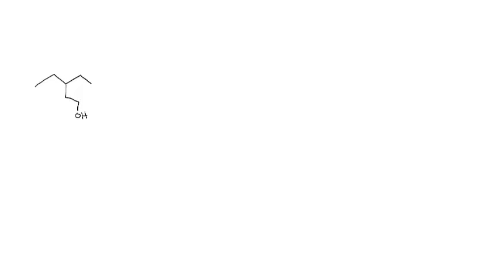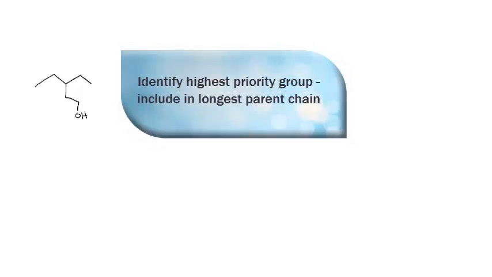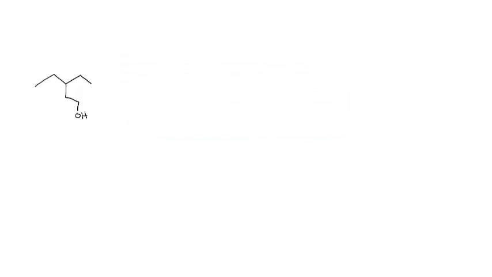Of course, the first thing we want to do with any compound is identify the highest priority group, and then make sure to include that group in the longest continuous parent chain. The highest priority group I have here is the alcohol, OH hydroxyl. So I want to be sure to include that in the parent name and give that the lowest possible carbon number.